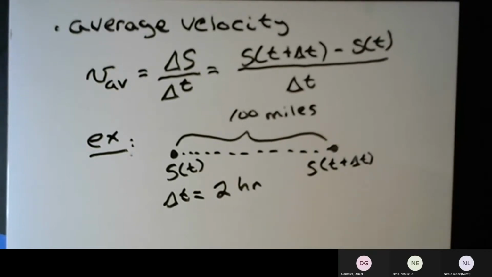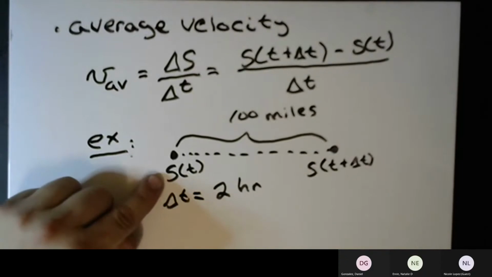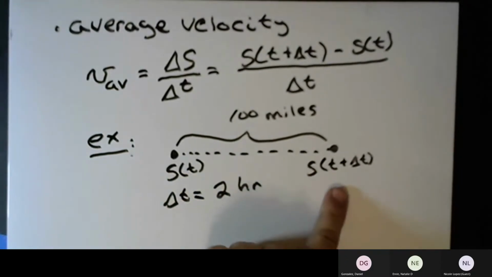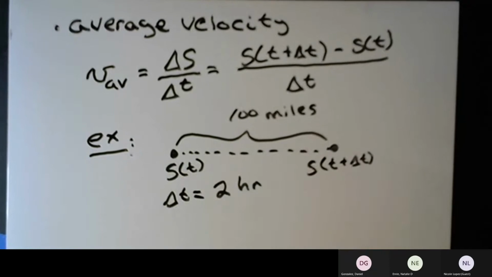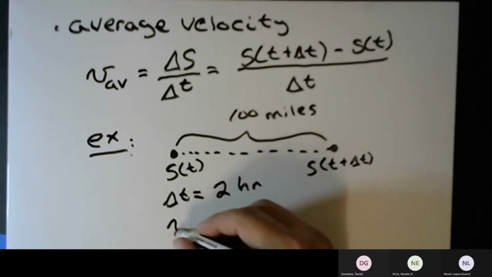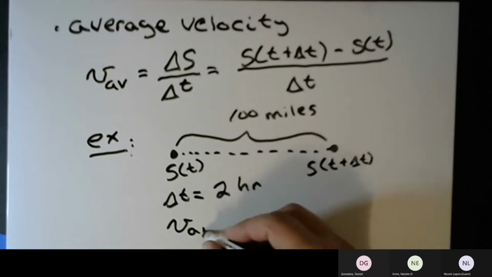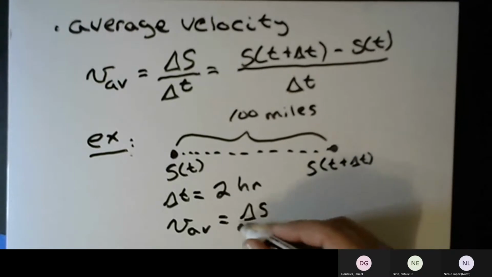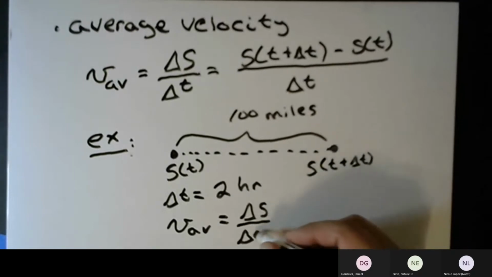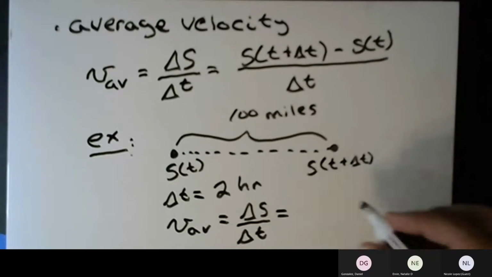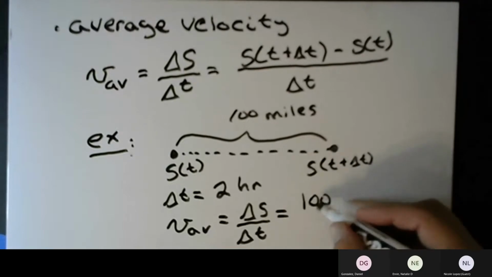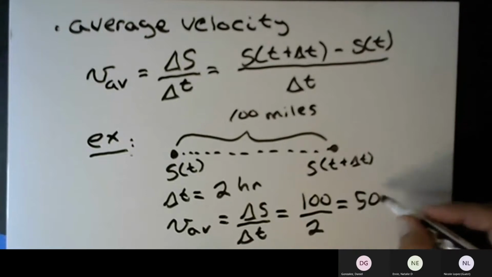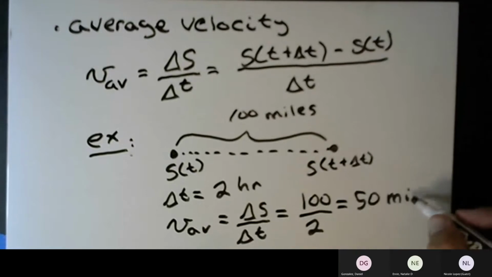So you go from S of t, this could be like Roswell, and then you go to S of t plus delta t, this could be like Vaughn. And the average velocity is going to be your delta S over your delta T. That's going to be 100 over 2. You'll get 50, and this is going to be miles per hour.